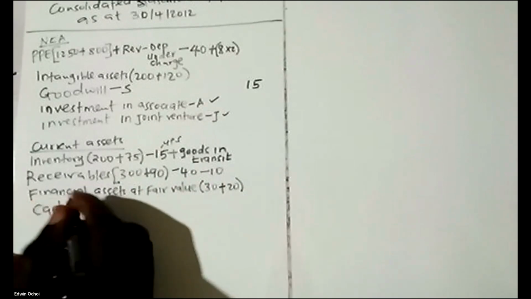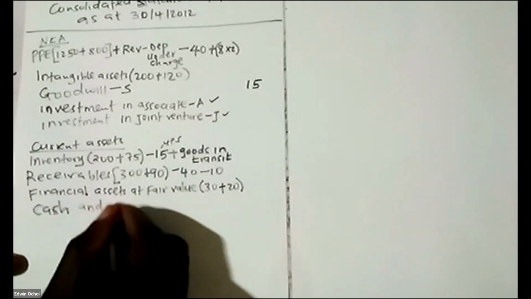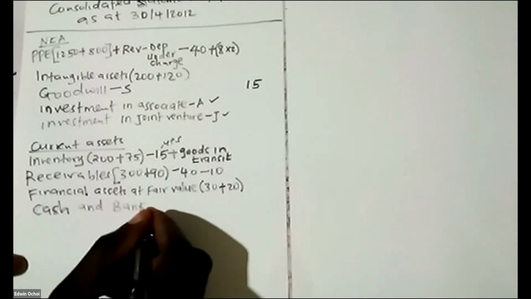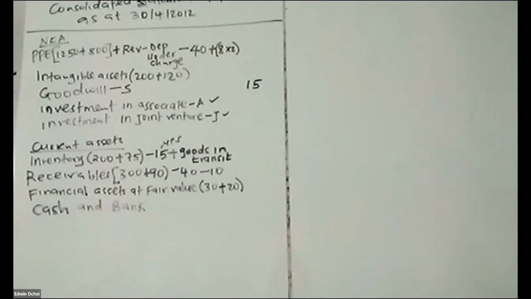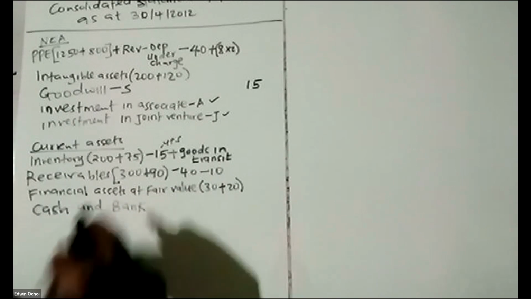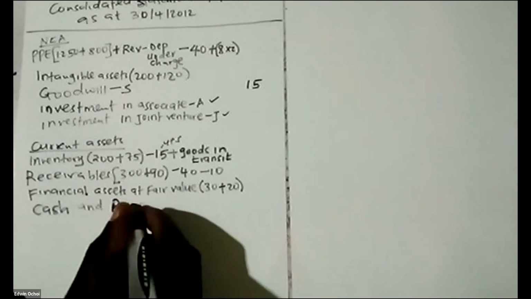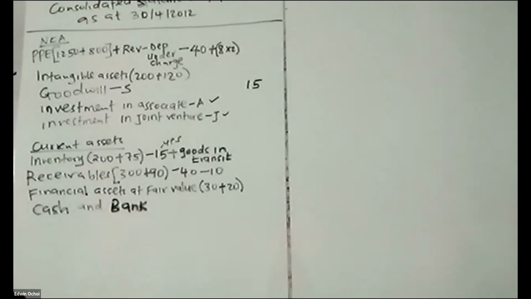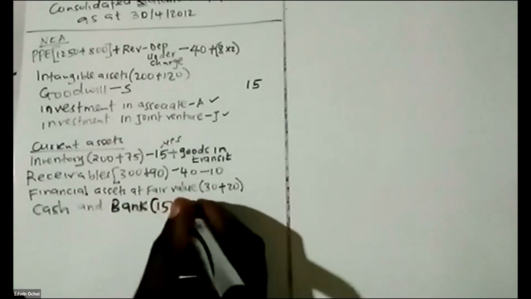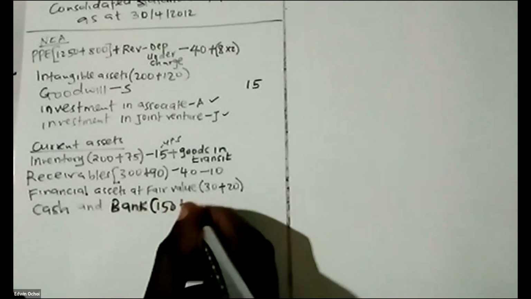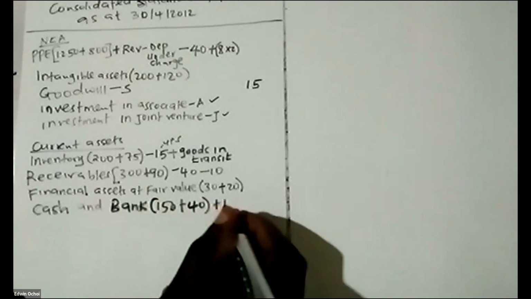Then cash. So cash and bank. My marker pens, I think I need to add ink, but that one will be done later. So for now, let's continue. So for bank, it is 150 plus 40 plus the 10.